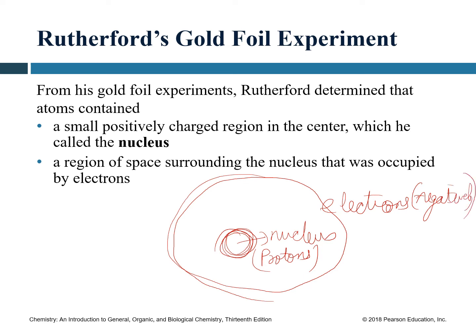But then some more experiments were performed by other scientists, and they realized that the mass of the nucleus was much heavier than the total mass of the protons inside of it. So they knew that there was some other particle present inside the nucleus along with protons, and with a few more experiments they discovered another part of the nucleus, which is called neutrons.